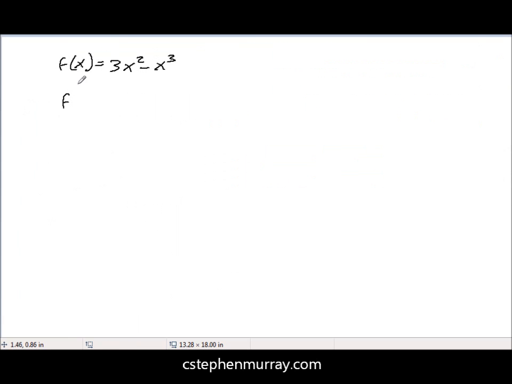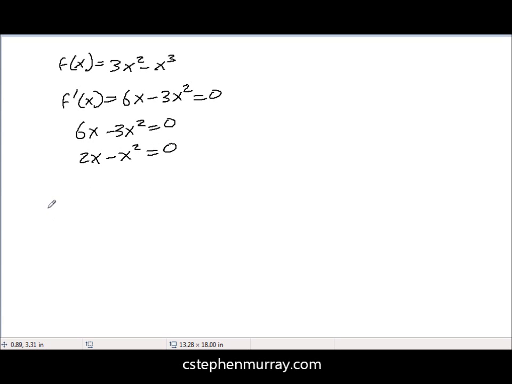So f prime, the first derivative, equals, multiplied by the power, multiplied by the power, and we set this equal to 0. Now you should remember how to do this, but let's make sure. I can obviously factor out a 3, and that gives me 2x minus x squared equals 0.